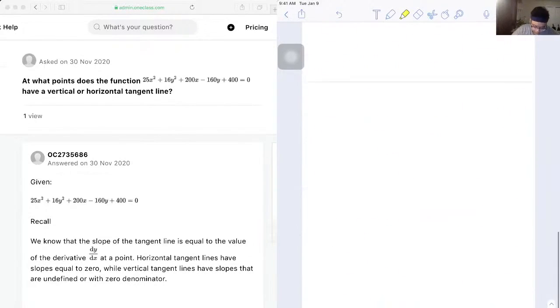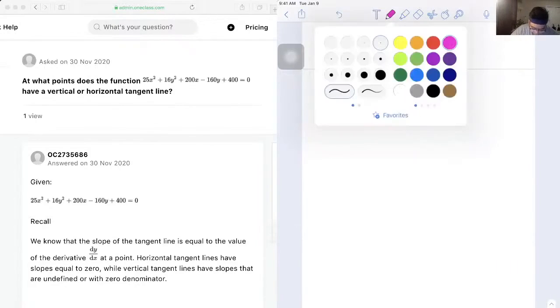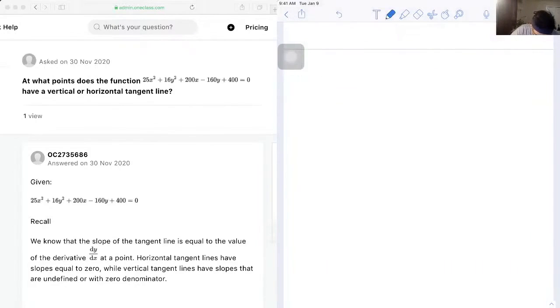So our next question is asking us what points, that's the function 25x squared plus 16y squared plus 200x minus 160y plus 400 is equal to 0.